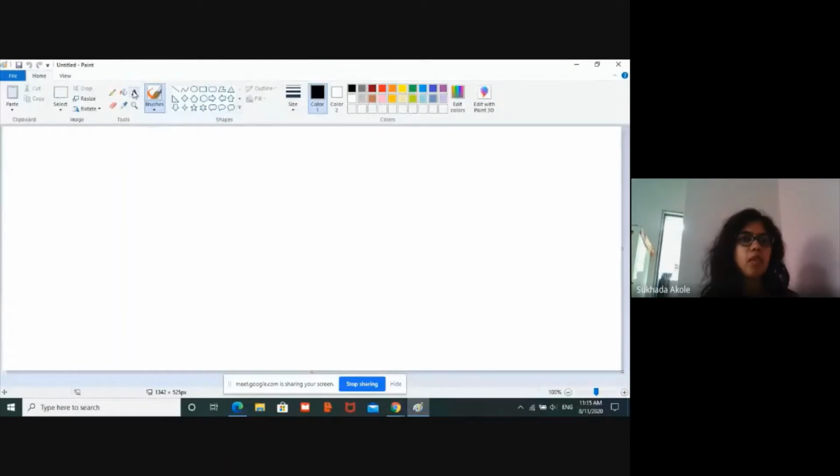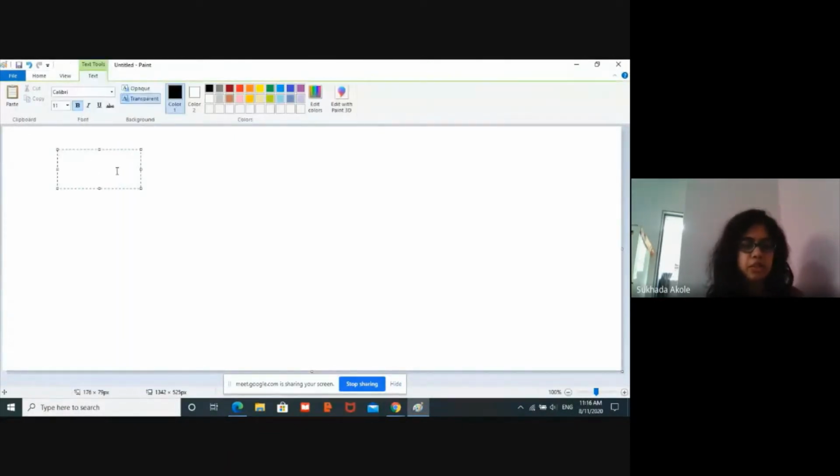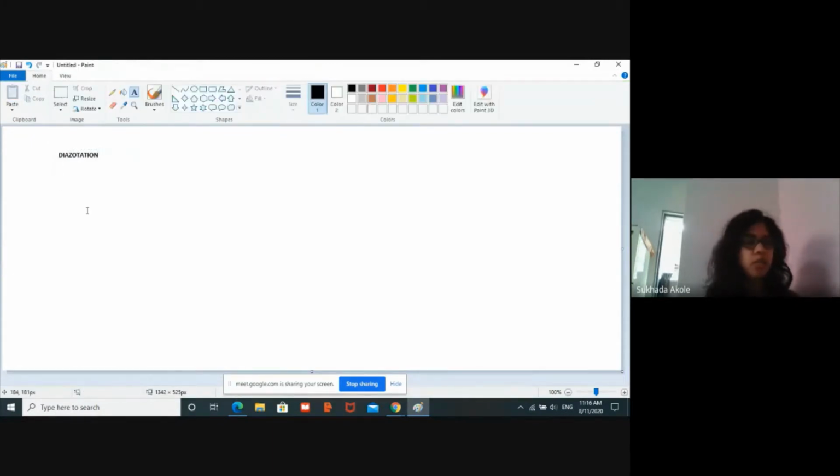So today first we will be talking about diazotization. What happens in diazotation is some of the support materials contain amine, like for example cellulose or amino derivatives of polystyrene, etc. Now what we do is we subject them to a treatment which is called diazotation.